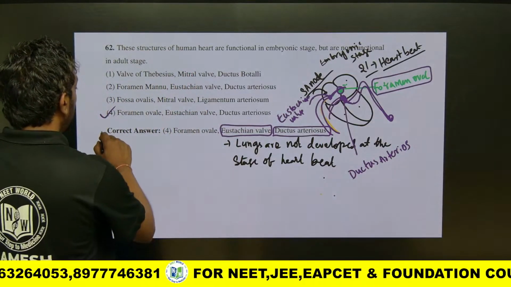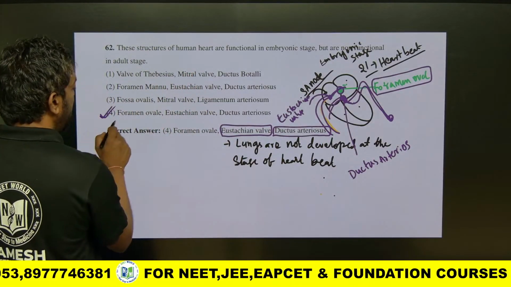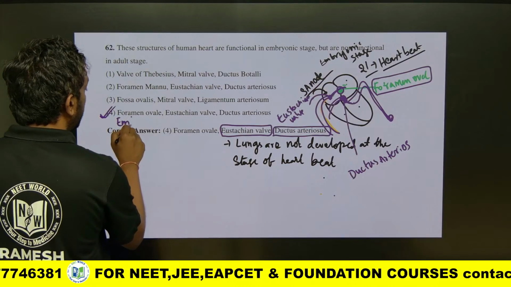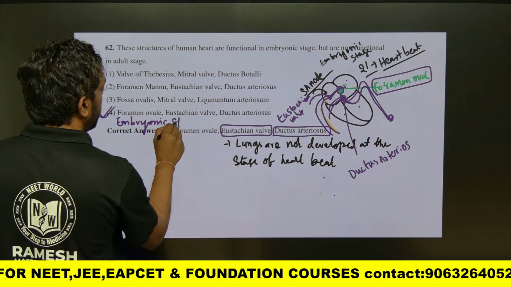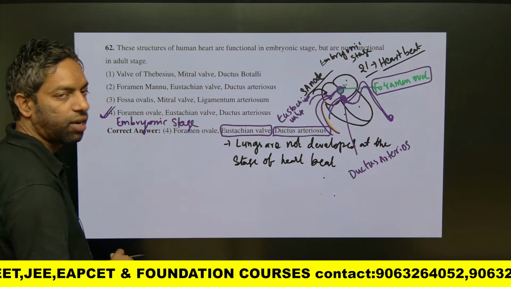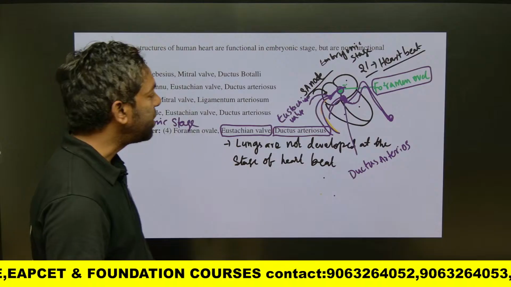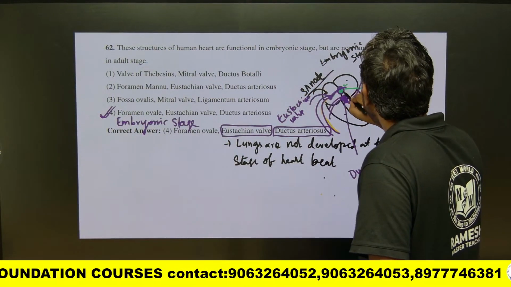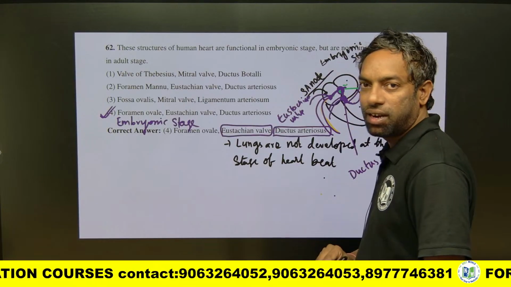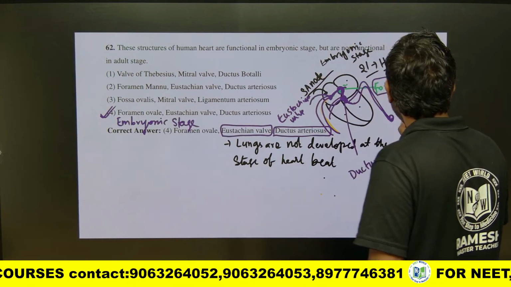In the fetal, embryonic stage, they work. In the adult, the foramen ovale is covered by a layer that separates the two atria, called the fossa ovalis.